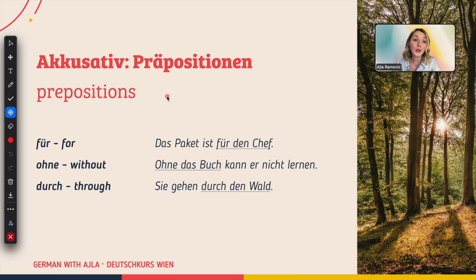Moving on to the next one, the next preposition is ohne. Ohne means without. Ohne, without. Let's look at the example. Ohne das Buch kann er nicht lernen. Without the book, he cannot learn. Again, the preposition ohne in German always requires accusative right after the preposition.